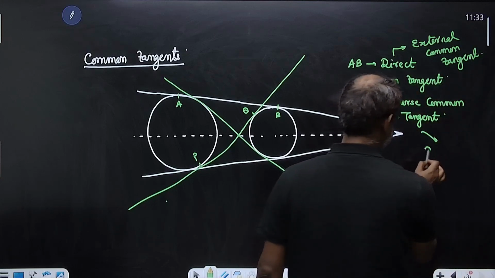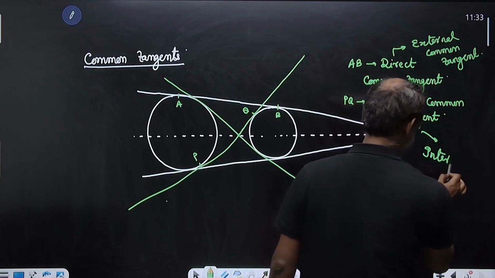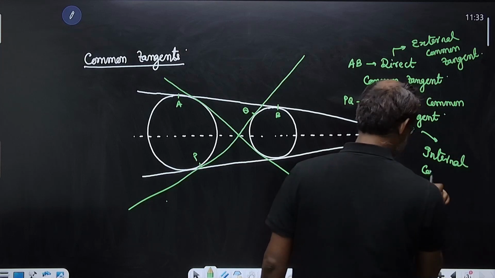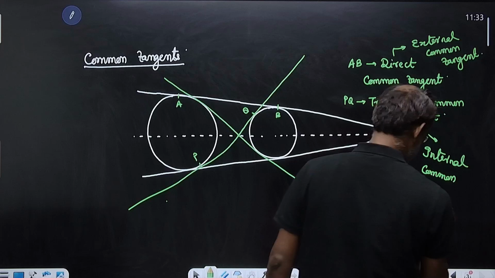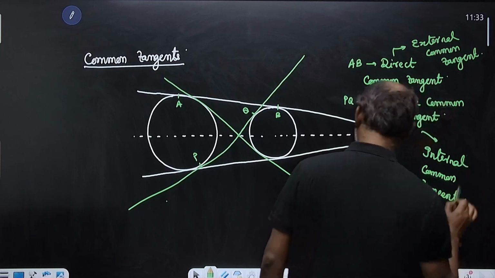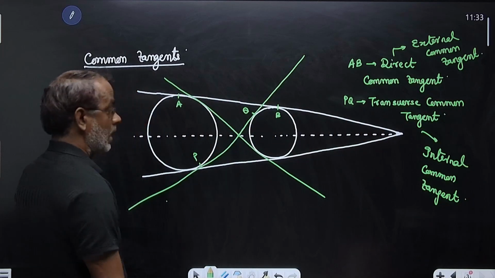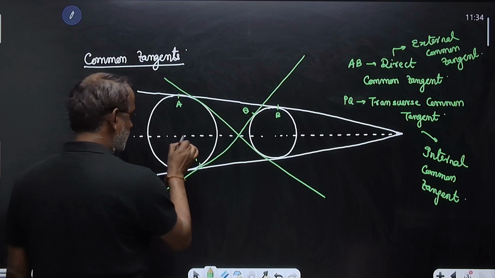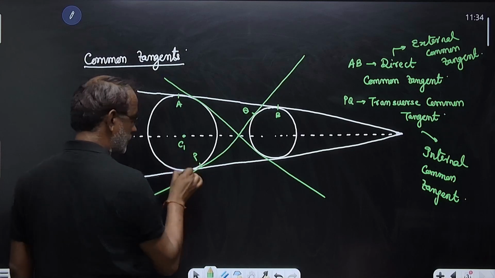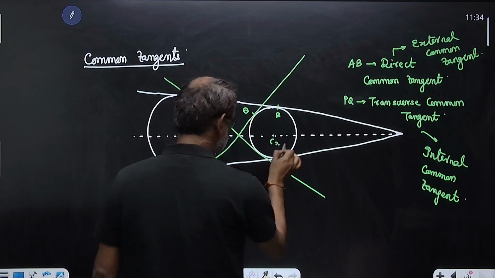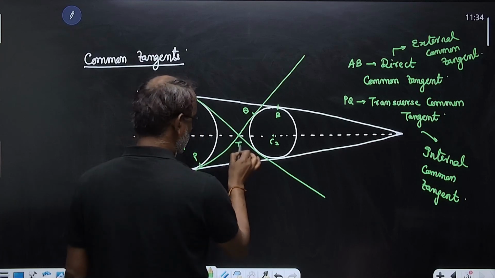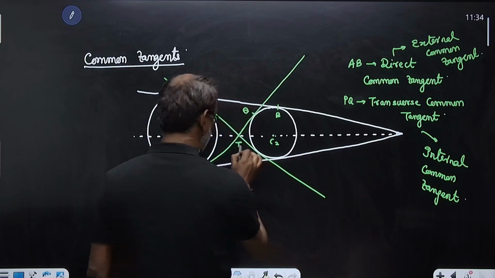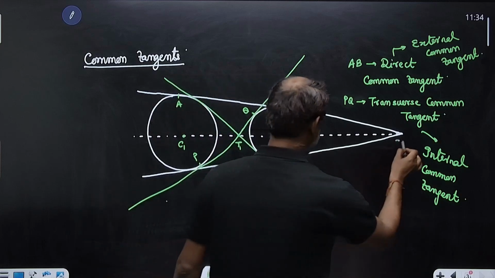And this is called the internal common tangent. Now, say if these are the centers, C1, C2, and this is T1 and T2.